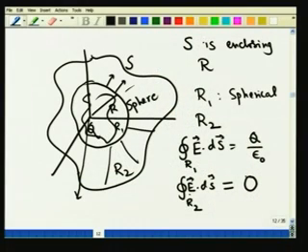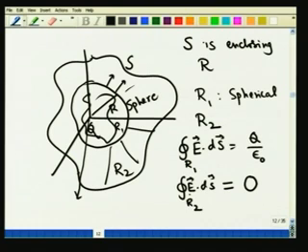In all of R2, divergence is equal to 0 because the charge is not located in R2, the charge is located in R1. Therefore, since divergence is equal to 0, by the Gauss divergence law, this is identically equal to 0. So we have shown that integral D dot dS is equal to q by epsilon naught in the region R1, and integral D dot dS over the region R2 is equal to 0.